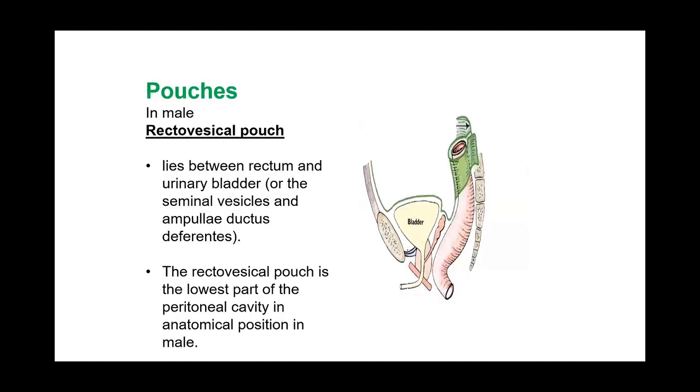The pouches of the peritoneum in males, you have the rectovesical pouch. This is a potential space for collection in peritonitis or pelvic abscess or intraperitoneal abscess.